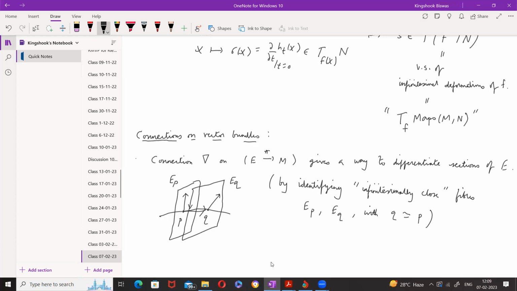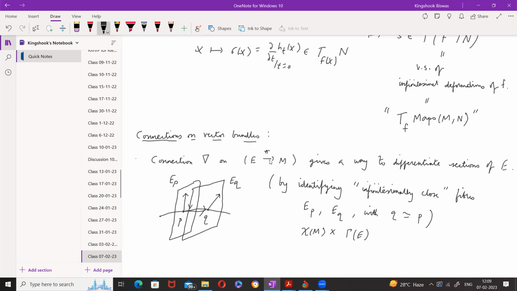What does it mean to move along any direction in the base? I can look at a vector field on the base, so I look at an element of chi-M. And I want to differentiate sections, so I look at gamma of E, the space of sections.